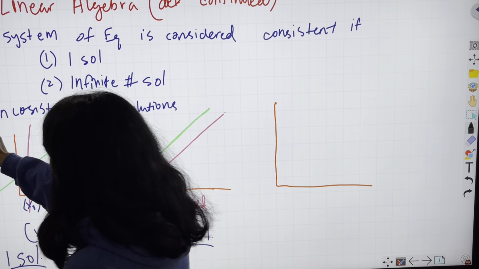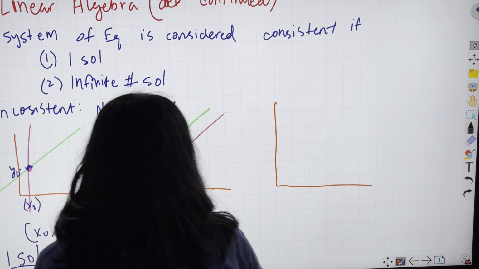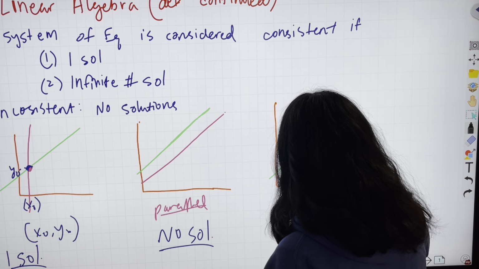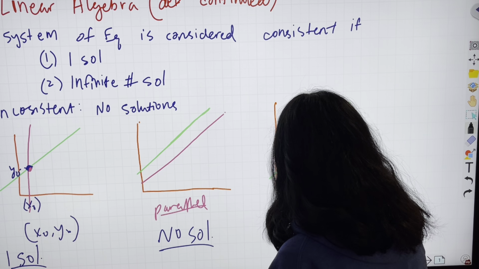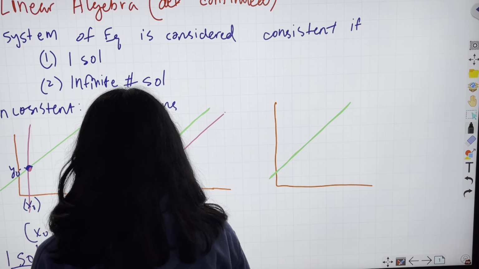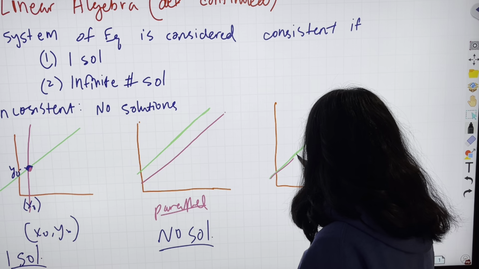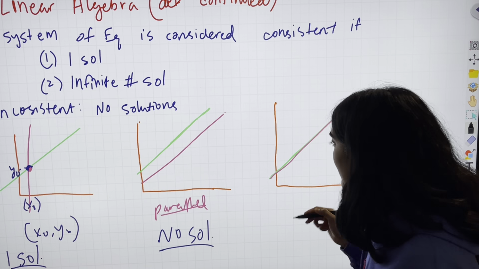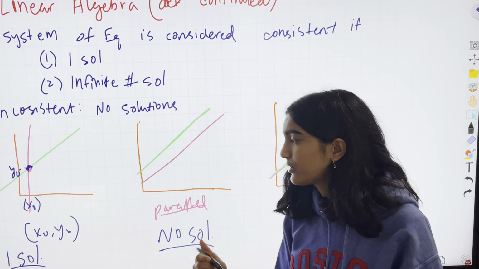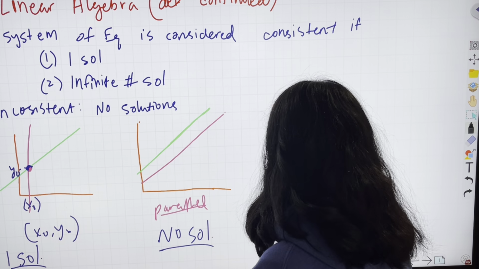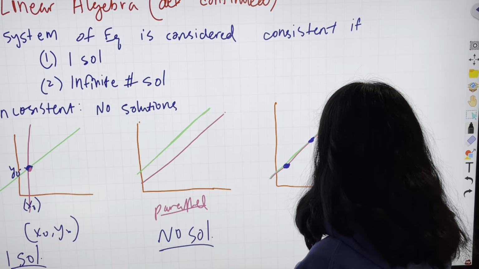Okay? And the last one is infinite number of solutions. You probably guessed this, and you're right, it's actually going to be the same line. So an infinite number of solutions. No matter what values, this xy is a solution, this is a solution, this is a solution.